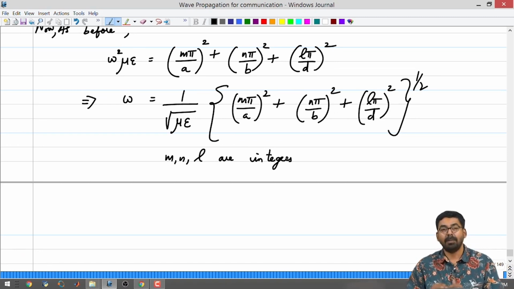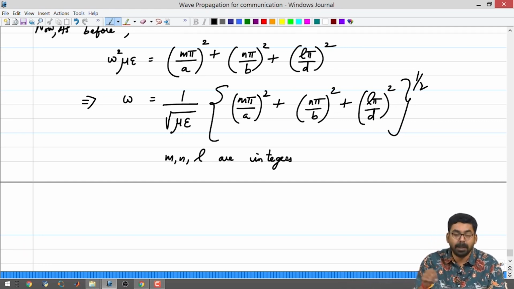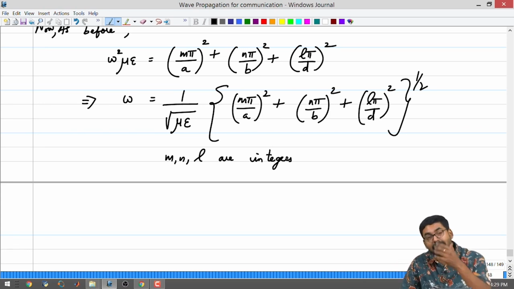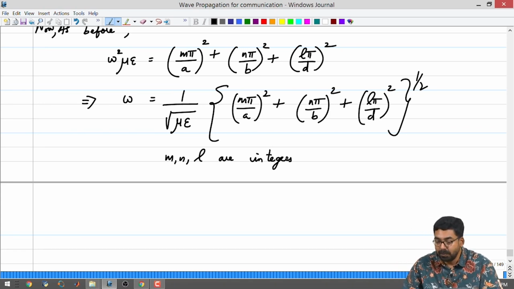So, different values of M, N and L can be substituted in this expression for a given cavity geometry which has the sides of a centimeters by b centimeters by c by d centimeters, etc. So, if we are talking about a particular mode in a cavity which is having particular dimensions filled with a particular material with permittivity and permeability given, then we can always find out the frequency that is supported by such a cavity.